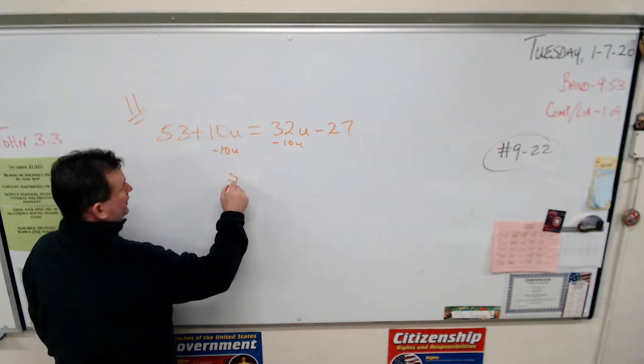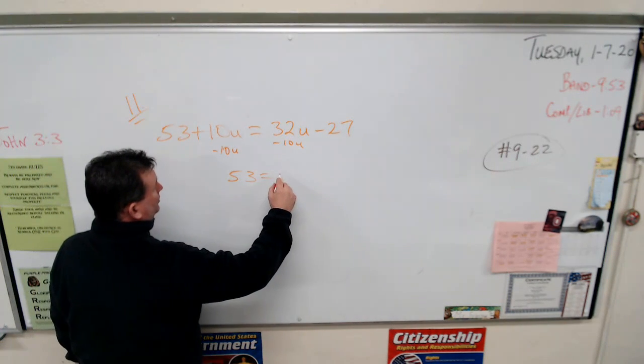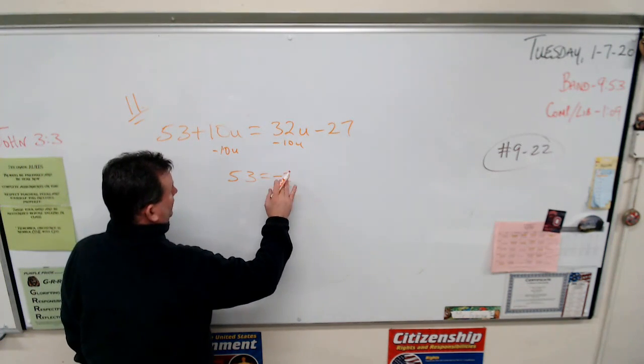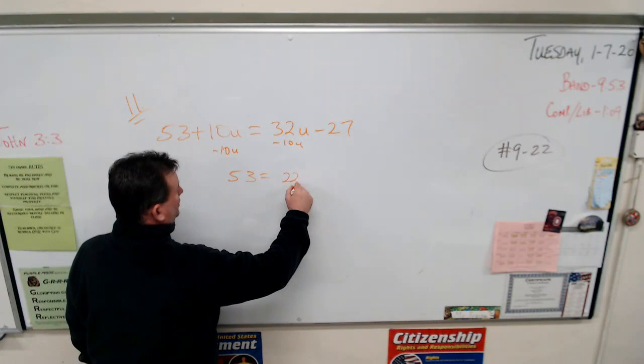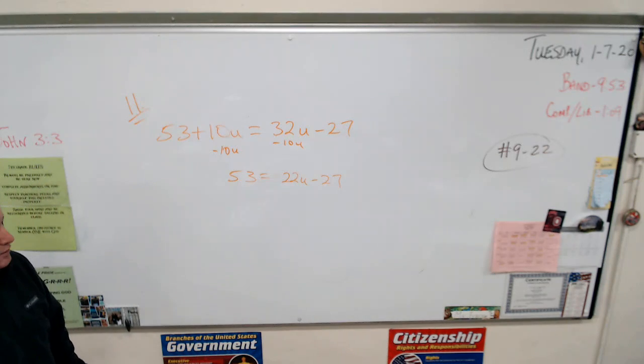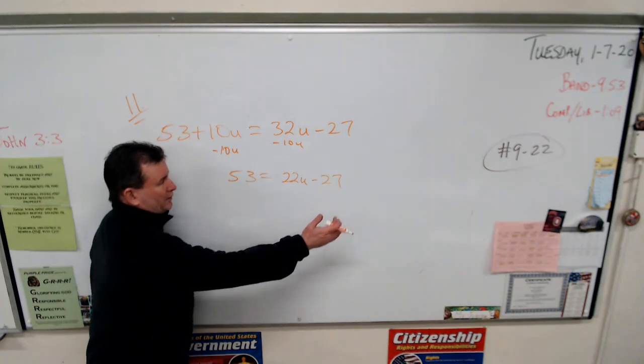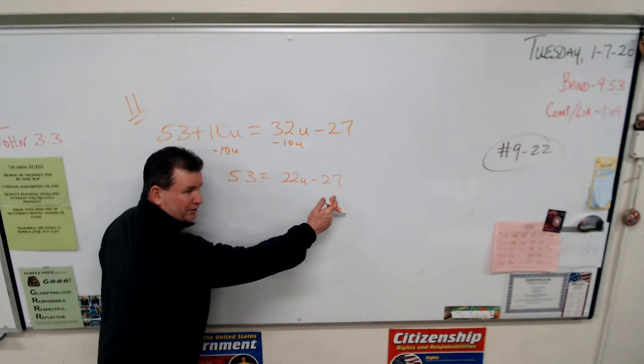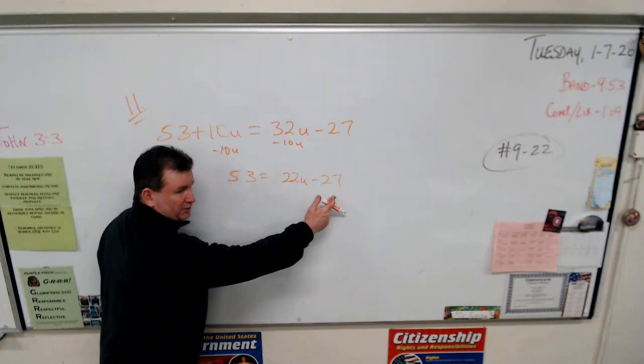I've got 53 equals, the whole point was positive, 22U minus 27. We've got to add 27 to both sides.